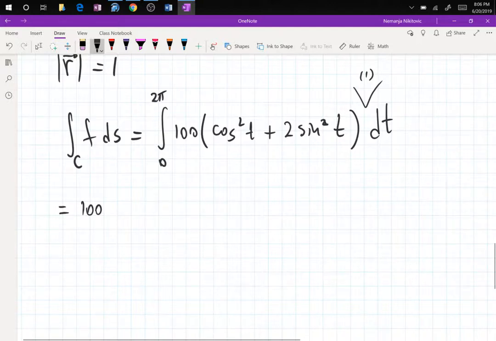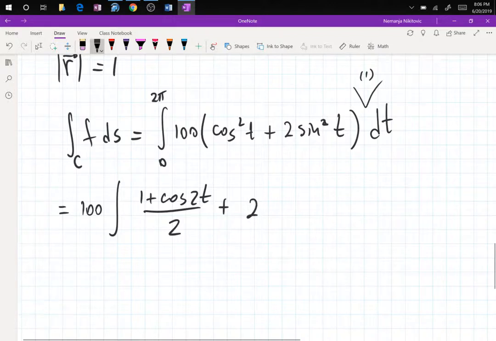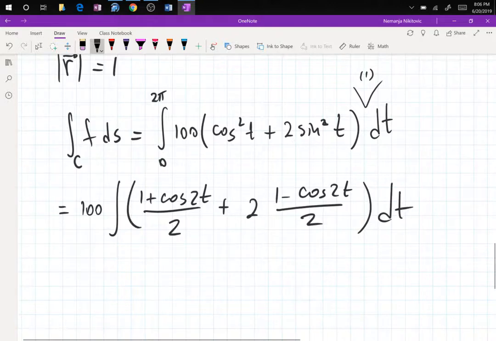So we have to use the formula. The first one is (1 plus cosine 2t) over 2, plus 2 times (1 minus cosine 2t) over 2, all that dt. I'm not going to cancel the 2.